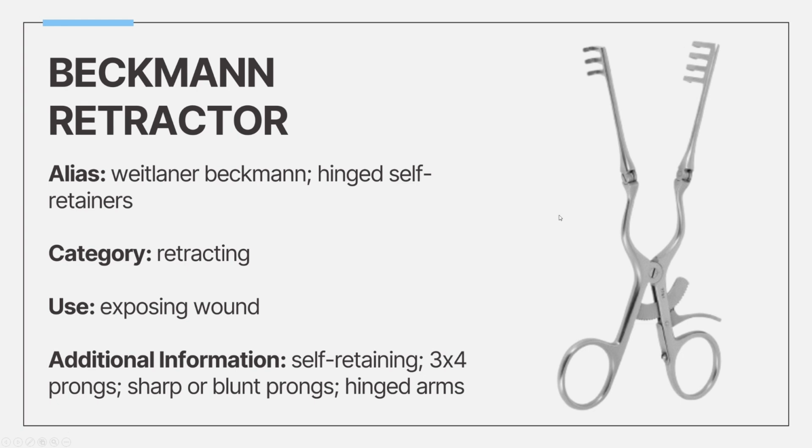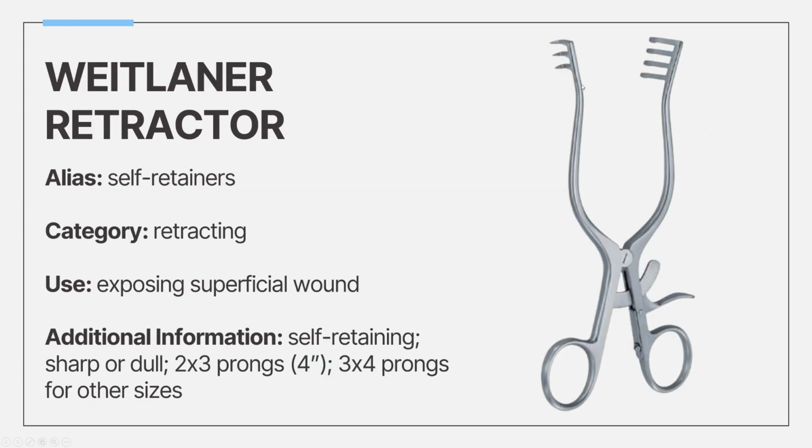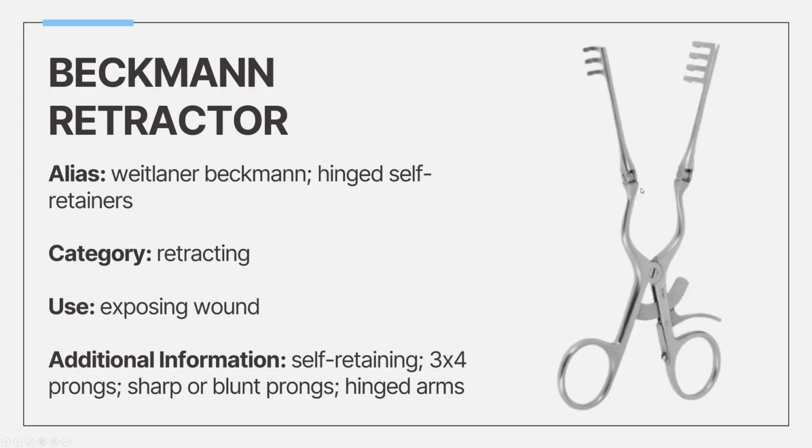In that case, if they don't specify, just give them one of each, right? On that note, they usually come in pairs. This one is used for exposing wounds, just like the cerebellar. And typically they have 3 by 4 prongs. Another important thing to mention is that they could have blunt or sharp prongs.